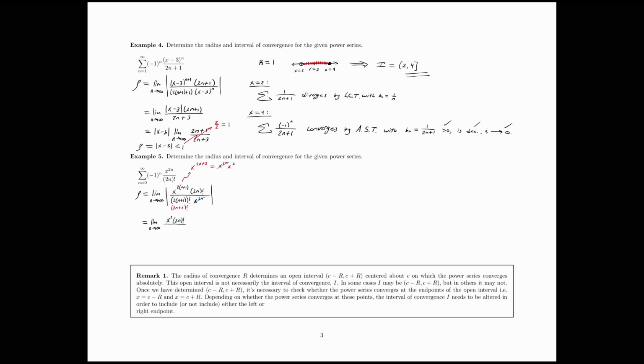Then we're going to want to split up this factorial here, which we'll do into 2n plus 2, 2n plus 1, and 2n factorial. And of course, the 2n factorials will cancel.